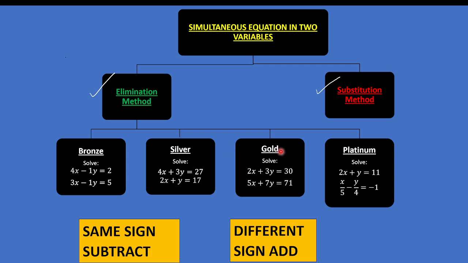Now after that, in the third category we simply do not follow any particular pattern. However, if you focus here, we can clearly see that the coefficients of x in both equations are relatively prime. So in 2 and 5 there is no common factor, and their HCF comes out to be 1.